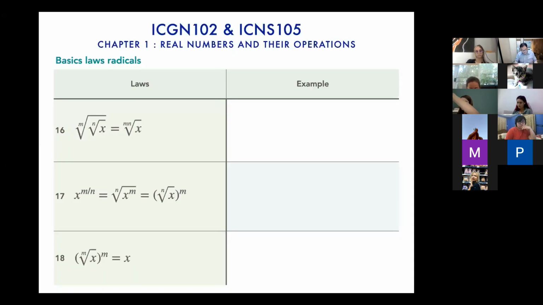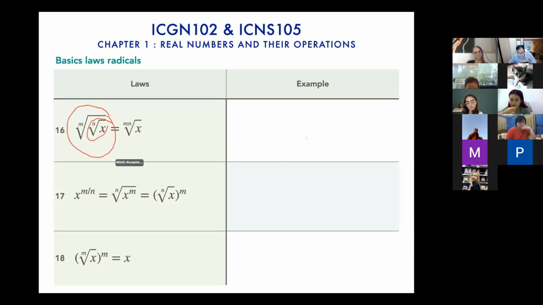For the next set of law, number 16, if you have a radical that covers another radical, for example here you have n root of x, and that is covered by m root.